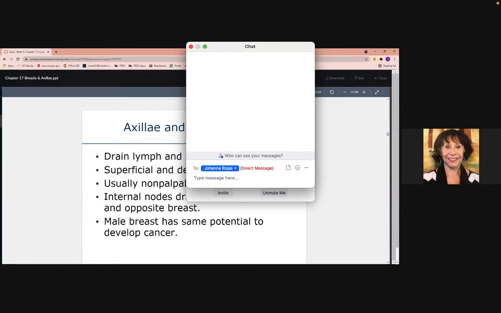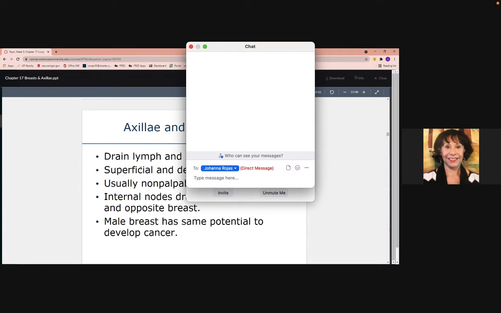Drain and lymph: the axillary lymph nodes. You already know that we have lymph nodes throughout our body, and usually they are non-palpable. If they are palpable, that indicates infection most of the time.